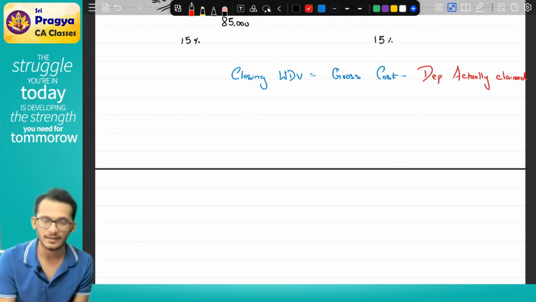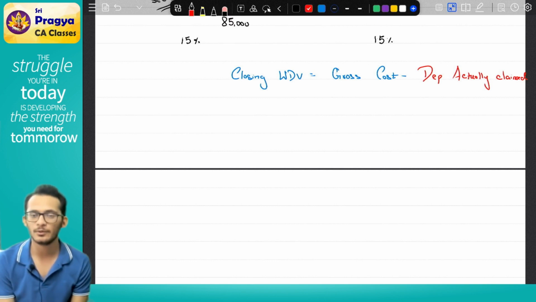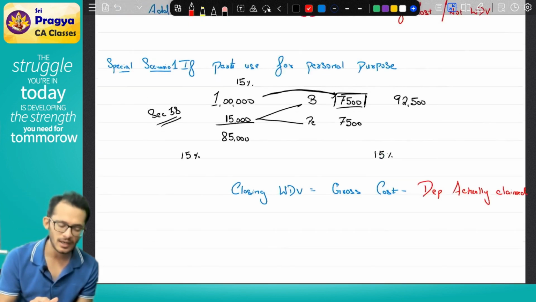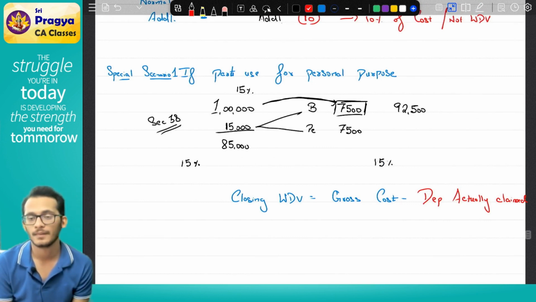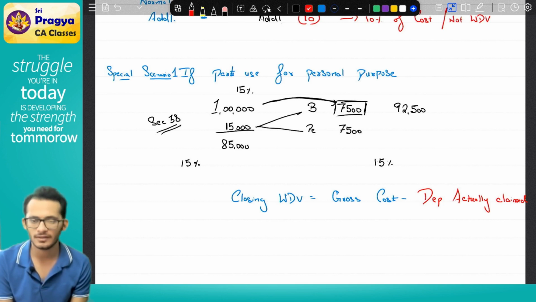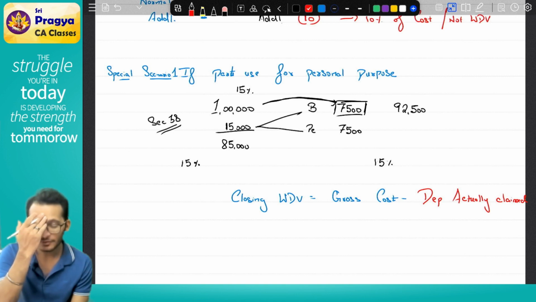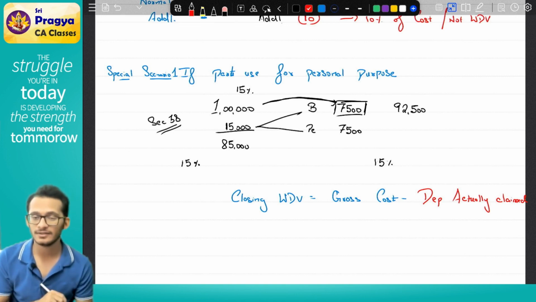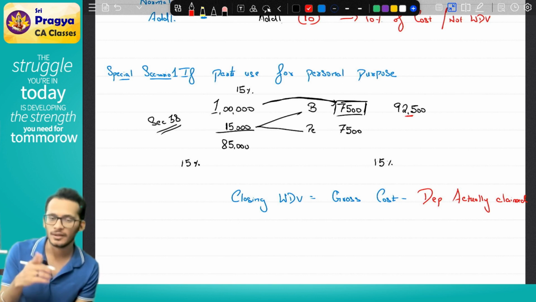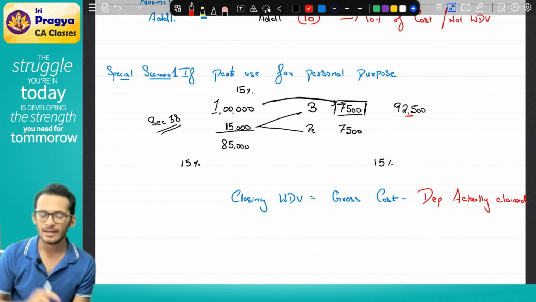What happened is that when income tax was being drafted, they mistakenly put it as gross cost minus depreciation actually claimed. Now you have only claimed 7,500, so you can only reduce 7,500. If you think about it logically, because you have only reduced 7,500, your WDV is showing 92,500. Next year you will claim depreciation on 92,500. Again, the written down value. Technically, what will happen?